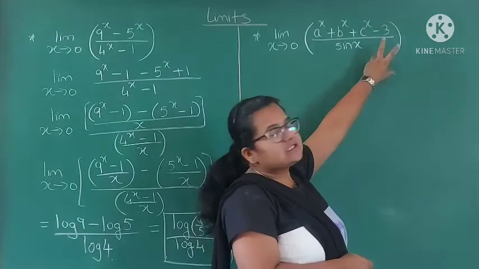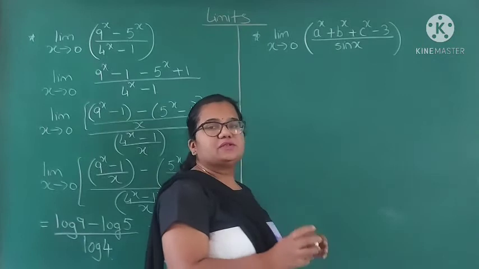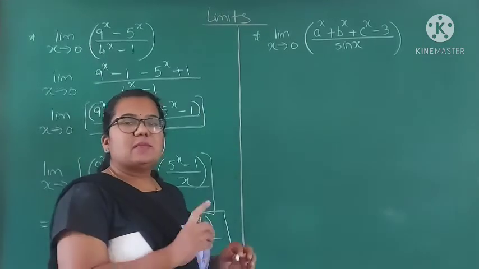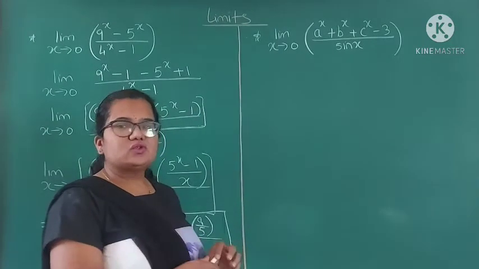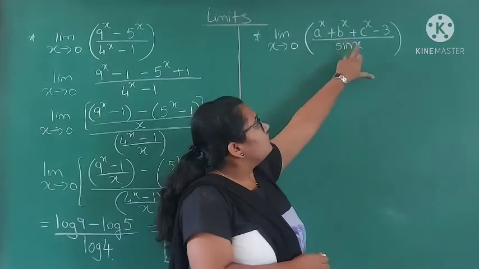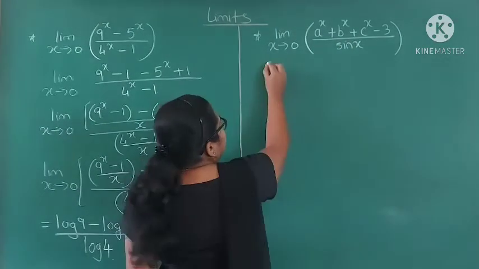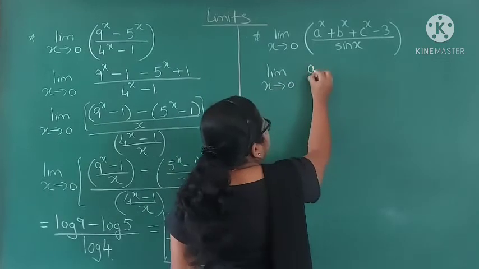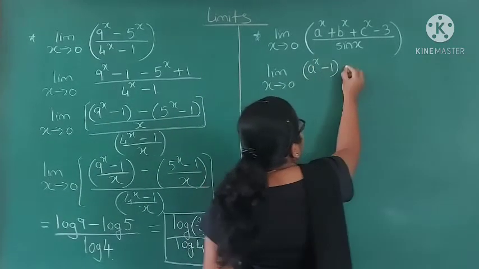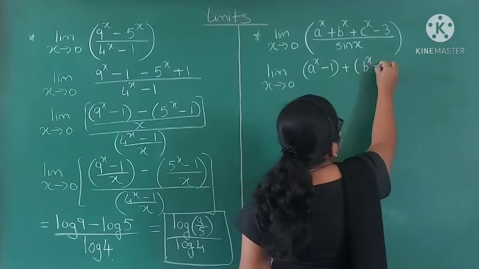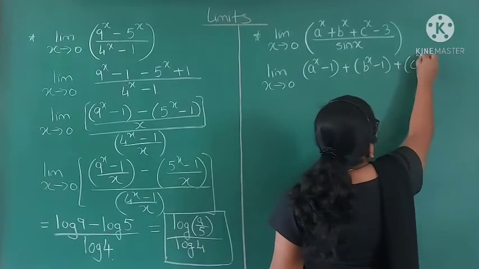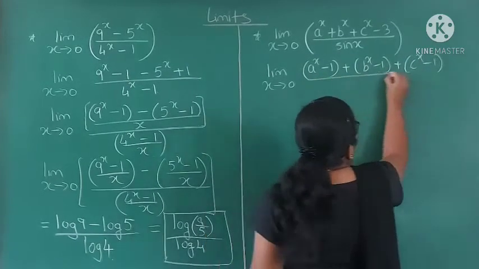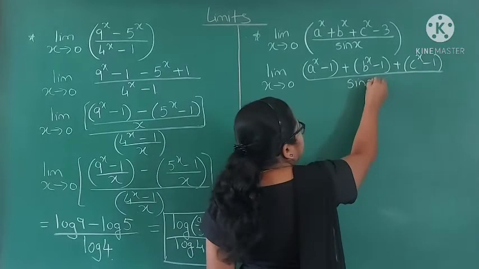Now we have minus 3. So what we can do here is we will split minus 3 as minus 1, minus 1, and minus 1, and we will attach them to each of these 3 terms. So this will become limit as x tends to 0, a raised to x minus 1 plus b raised to x minus 1 plus c raised to x minus 1 upon sin x.